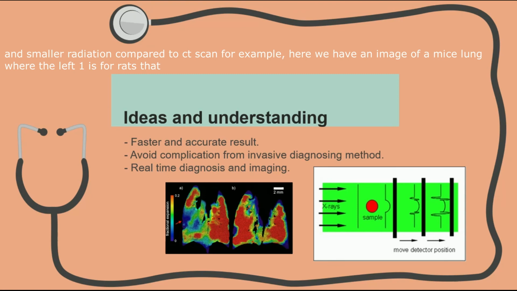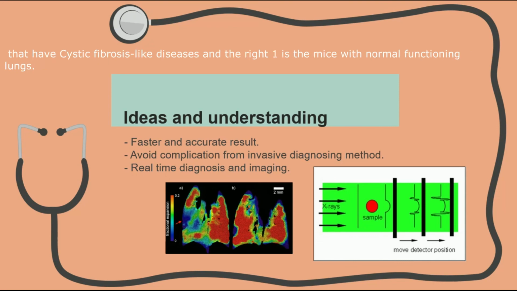For example, here we have an image of a mouse lung where the left one is for the mice that have cystic fibrosis-like disease, and the right one is the mice with normally functioning lungs. As you can see from the lungs on the left here, they are air deficient, which the medical practitioner can diagnose almost immediately, and with this efficiency, it is a whole new solution for the medical society.